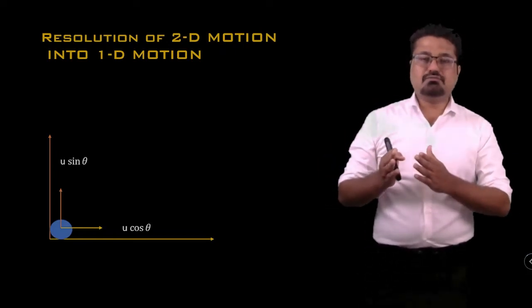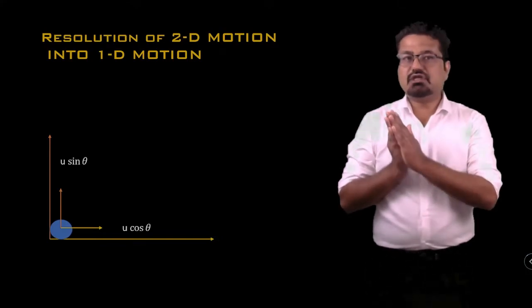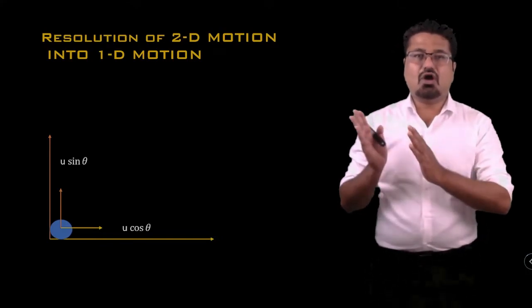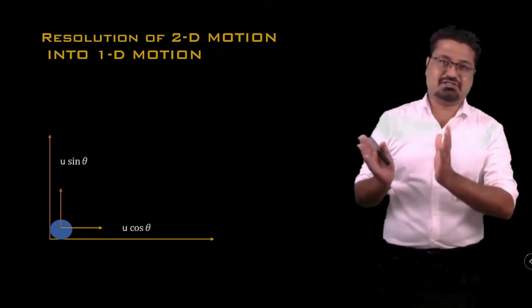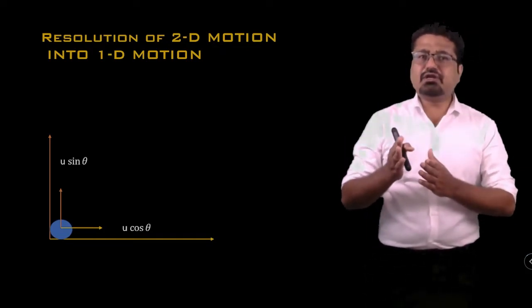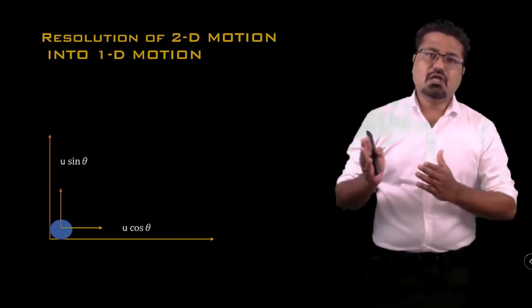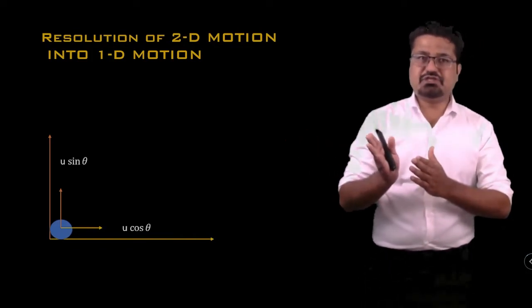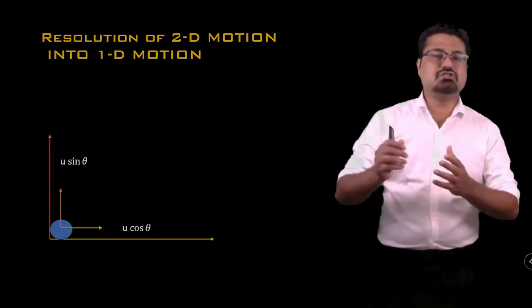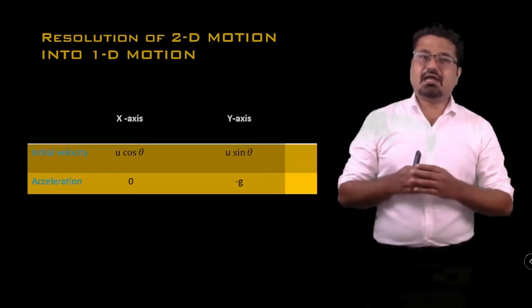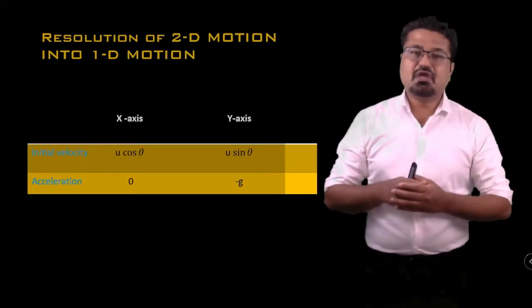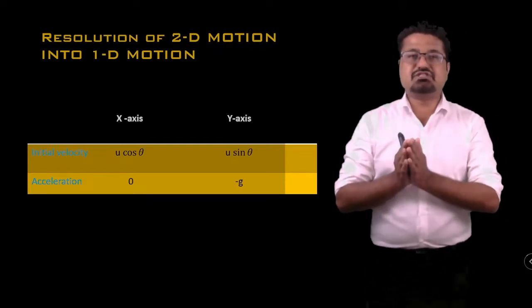So first of all, I will resolve the initial velocity vector along the x-axis and along the y-axis. So the component of initial velocity along the horizontal direction is u cos theta, and the component of this initial velocity along the vertical direction is u sin theta. And in the same manner, I will also resolve the acceleration.